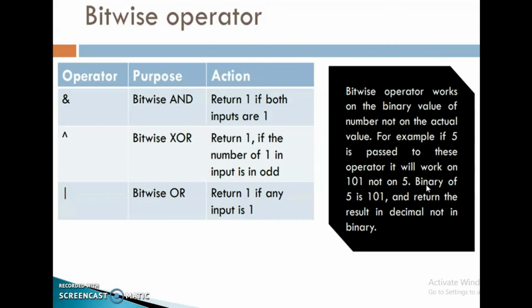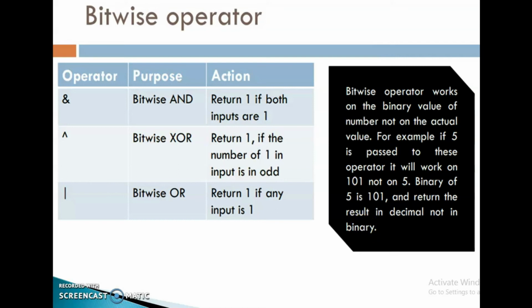Automatically, this 5 is converted to its binary value. The binary value of 5 is 101, and it returns the result in decimal, not in binary.